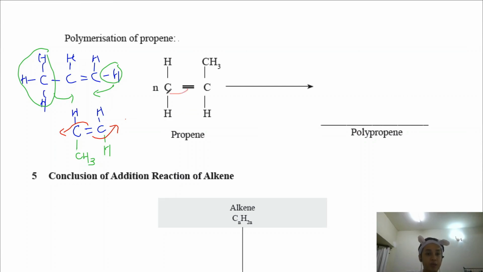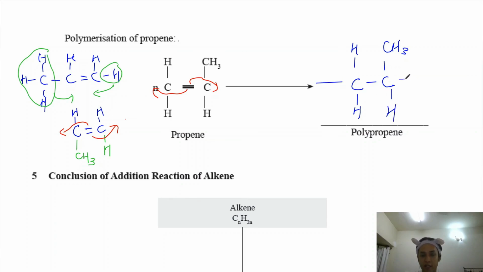Remember, we're going to break left and right. So polypropene: C, C, H, CH3, H, and H. Since I break left and right, I'm going to draw the bracket here, and then n. So this is polypropene.